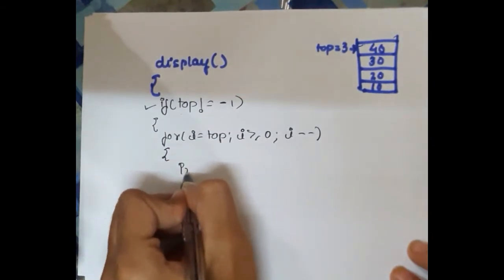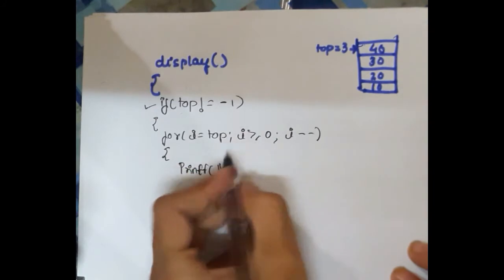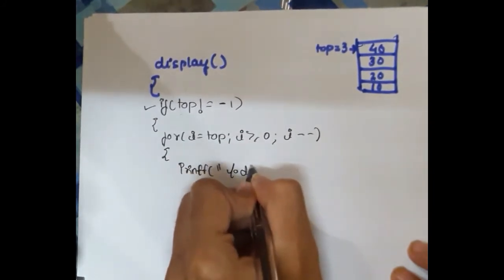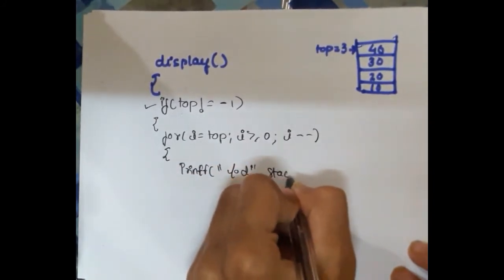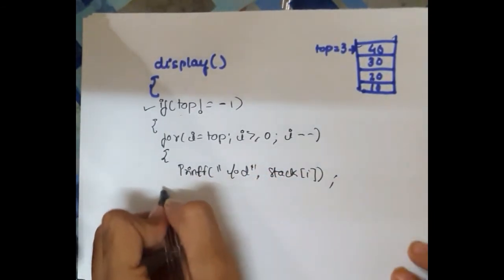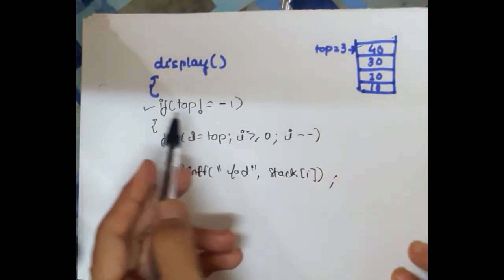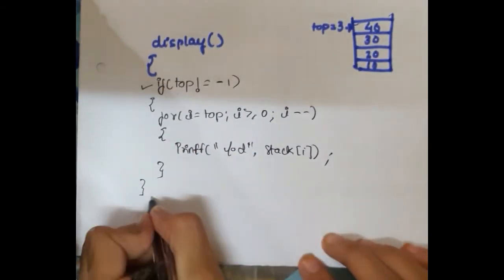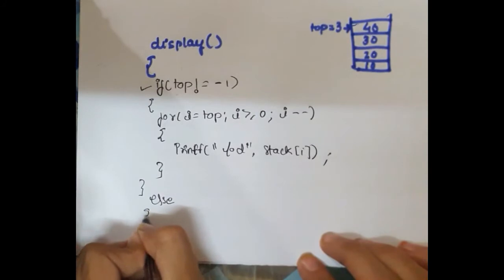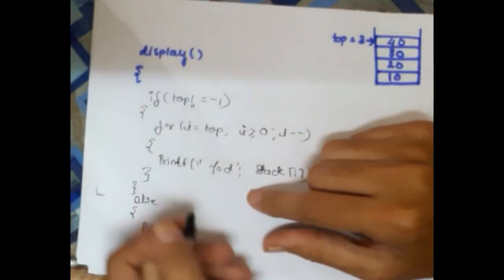And this will print the elements of the stack: printf %d, stack of I. But in case this condition is not true, in that case else: printf stack is empty.